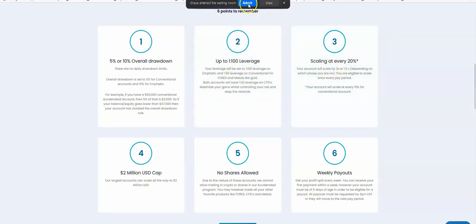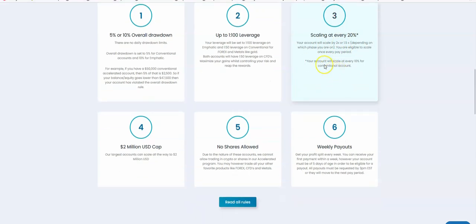Now, this is where I want you to pay attention to the scaling. You will scale this account, for instance, from $50,000. If you get up to 20% of that account, you will be times 2. That account will double to 100K. And they said on a conventional account, you can be scaled at every 10%.